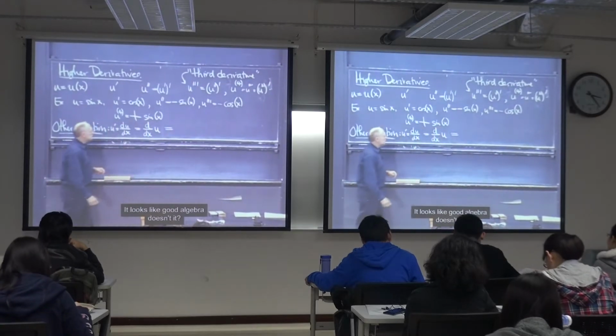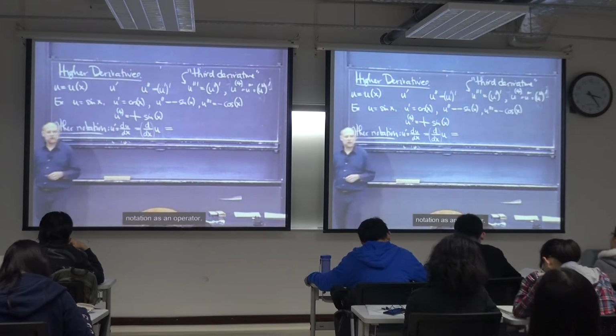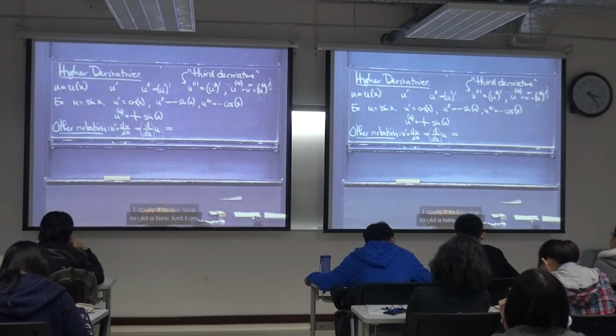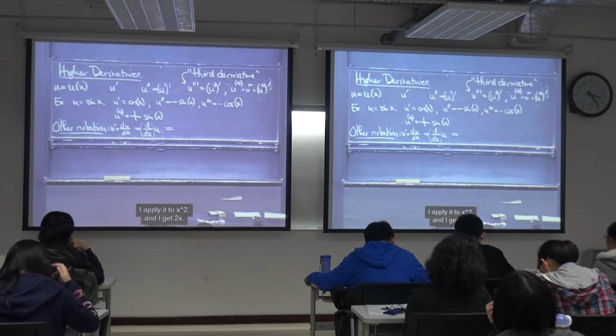As a further step, what it's doing is regarding this notation as an operator. It's something that you apply to a function to get a new function. I apply it to the sine function and I get the cosine function. I apply it to x squared and I get 2x.